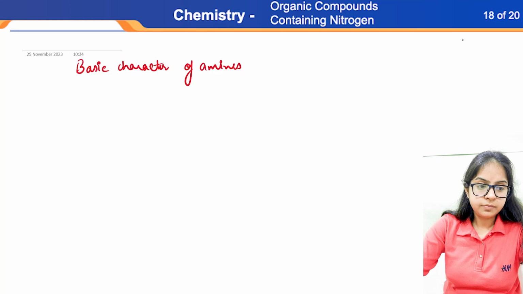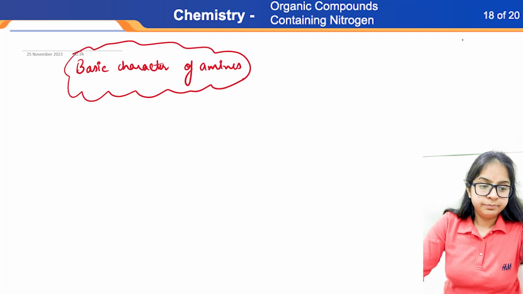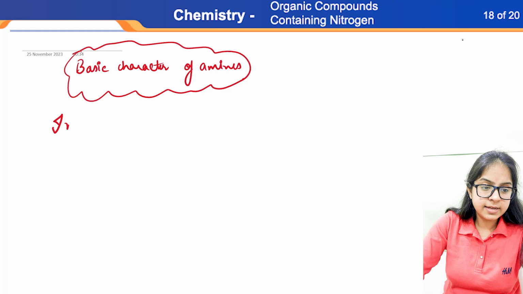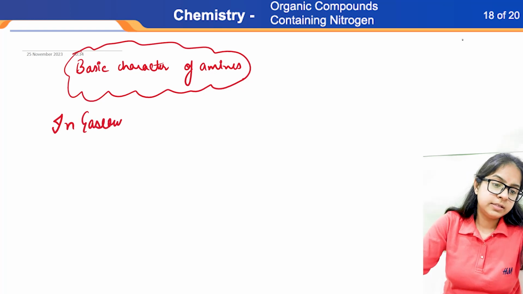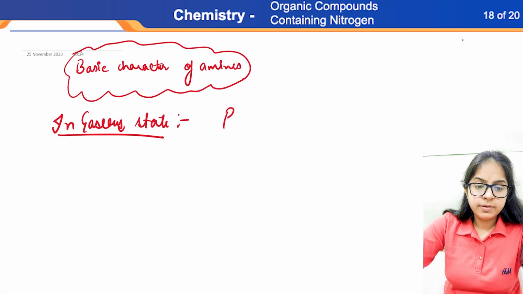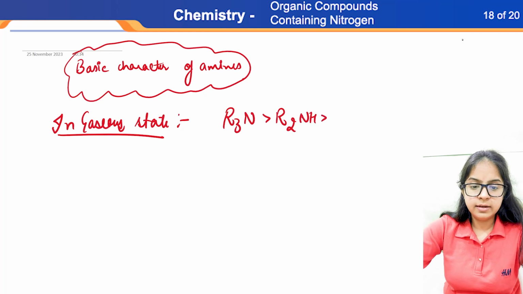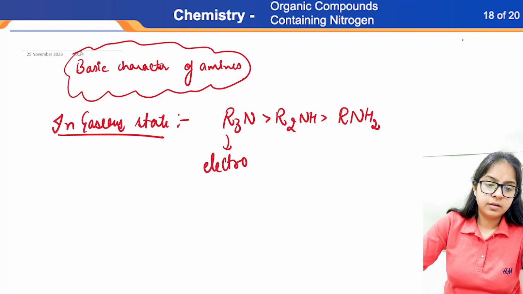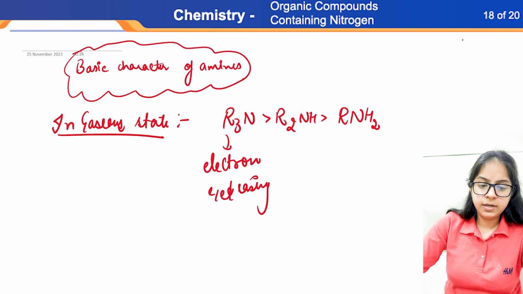After that, basic character of amines. Remember, basic character of amines in the gaseous state. In the gaseous state, if there is no solvent, the amines have the basic character in the order R3N, R2NH, RNH2, because of the electron-releasing factor due to the inductive effect.